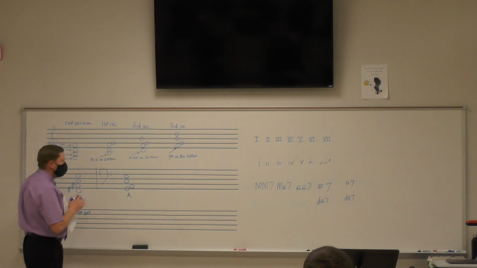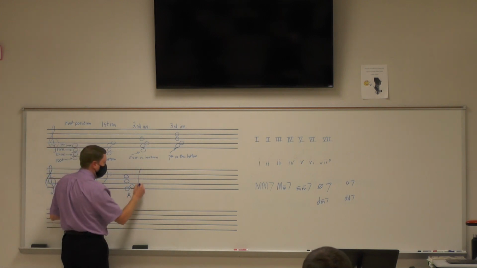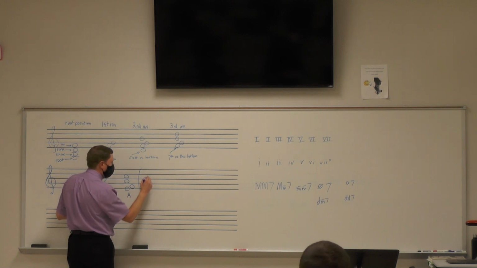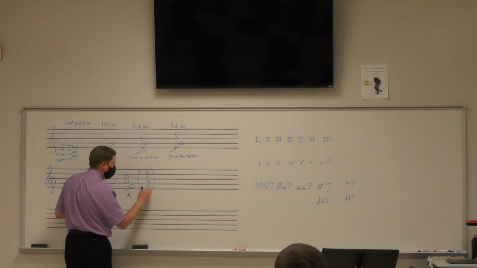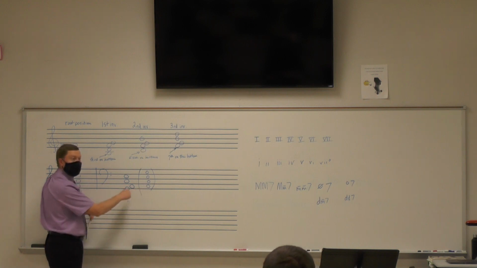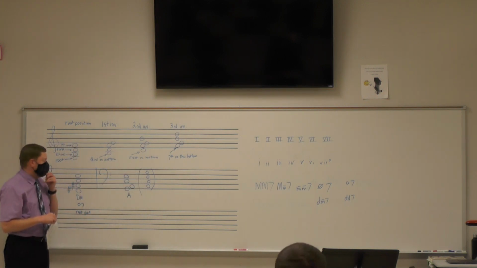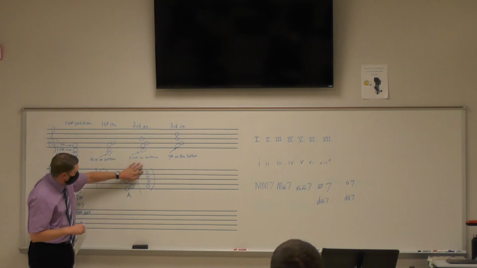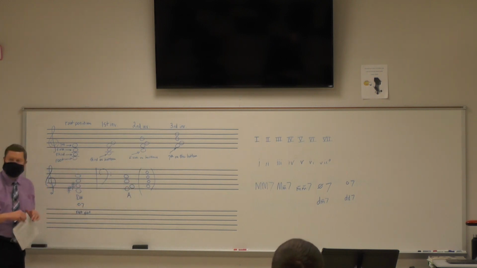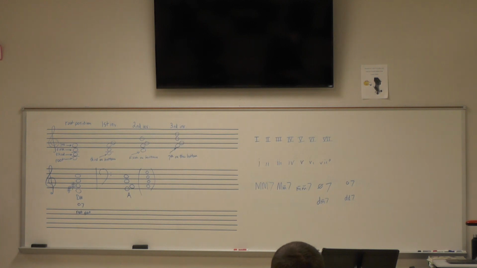Now, usually to find out the type of 7th chord, if you can't rearrange it in root position in your mind, then what I do is do this on a piece of scratch paper. This is the way the chord will look in root position. A, C, E, G, no accidentals at all. Can you tell from this what type of 7th chord that is? It's a minor 7th. Minor, minor.